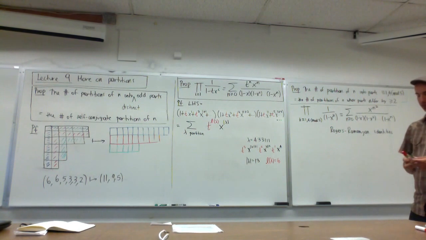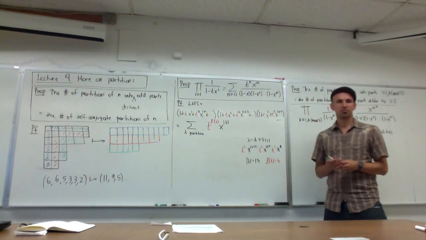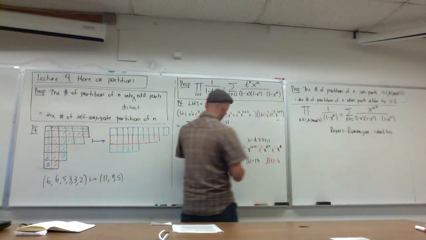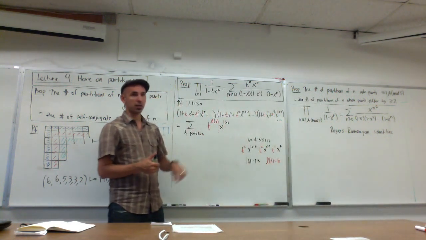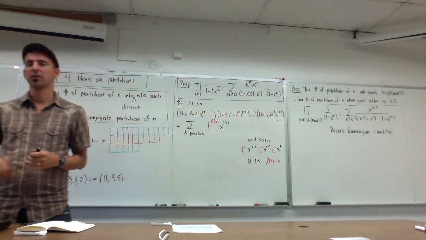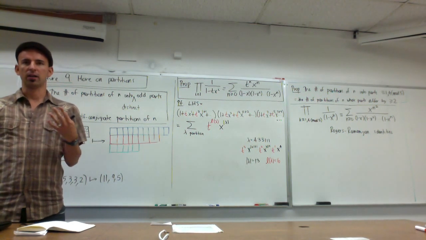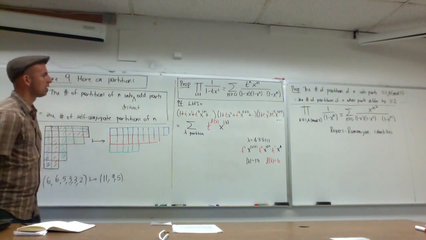And so you see the left-hand side is actually just counting partitions. And it counts them according to what they add up to and how long they are. So the coefficient of t to the a x to the b is the partitions of b having length a. Okay?